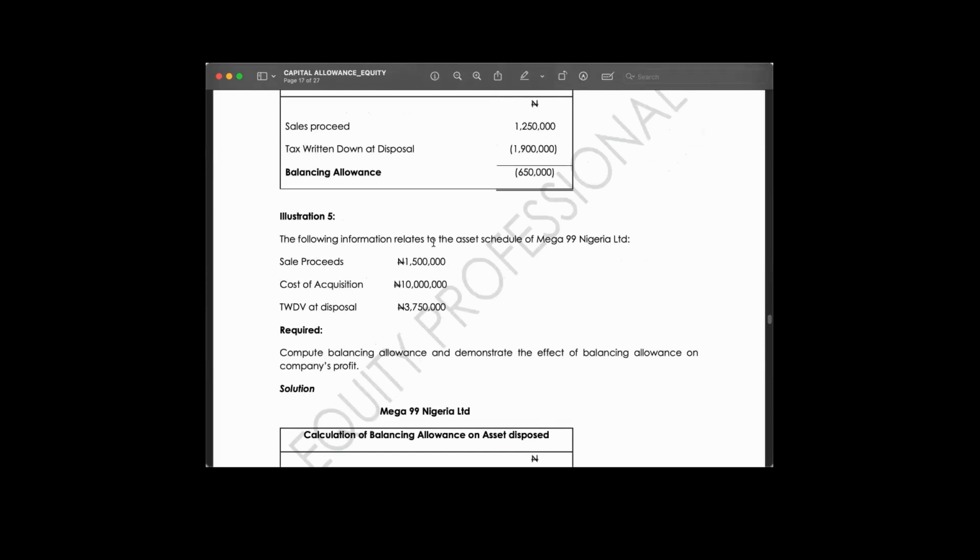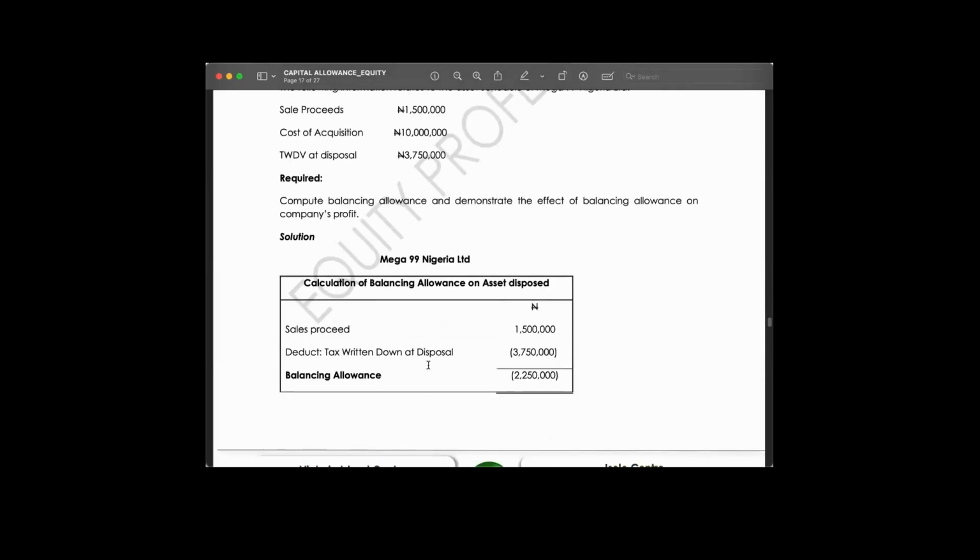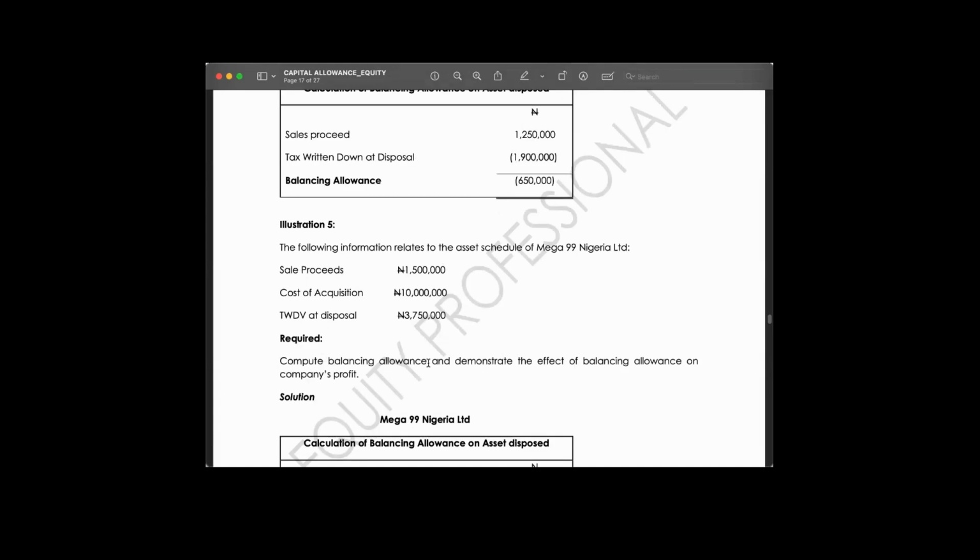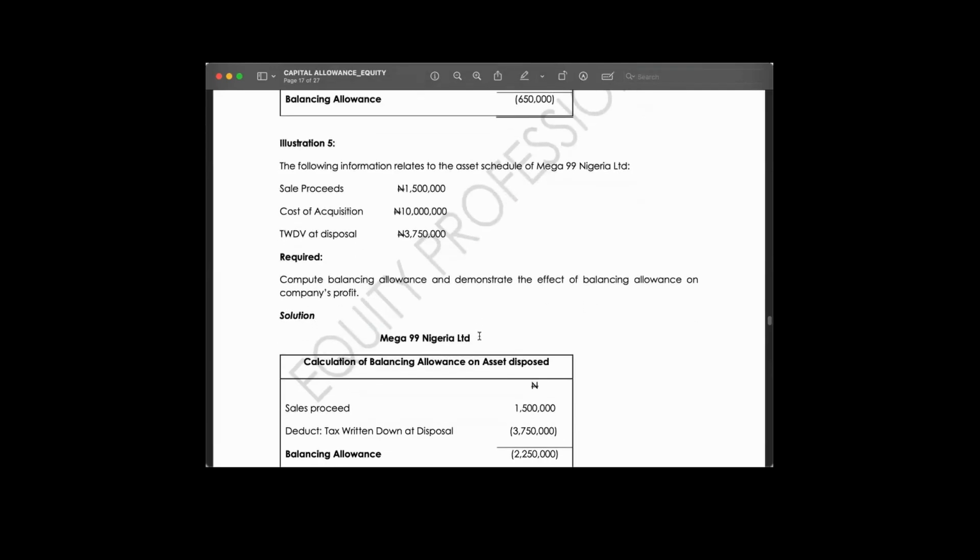The following information relates to the asset of Mega 99 Nigeria Limited. Sales proceeds, 1.5. Cost of acquisition, 10 million. Tax written down value at disposal, this. You are required to compute the allowance and demonstrate the effect of balancing allowance on company profits. Now, you remember, sales proceeds minus tax written down value will be your balancing allowance.